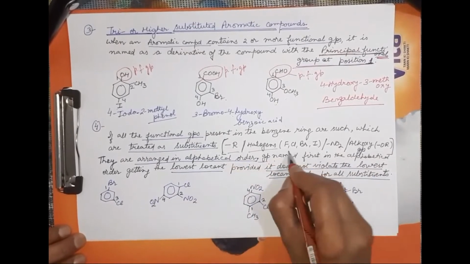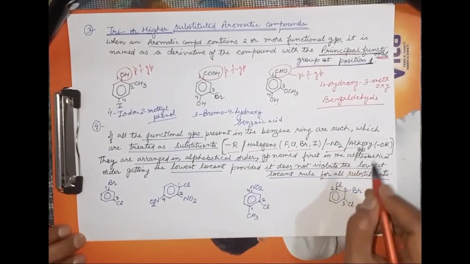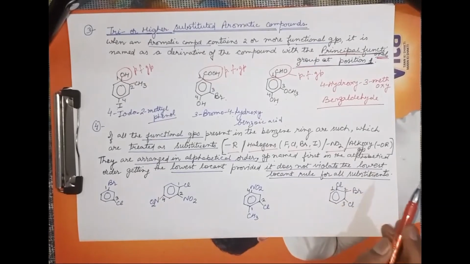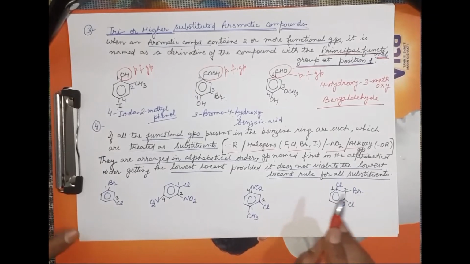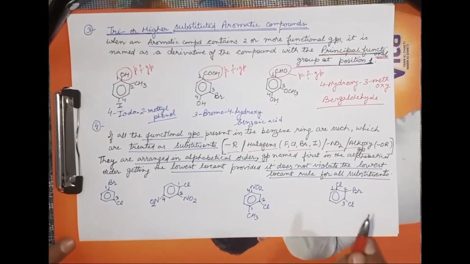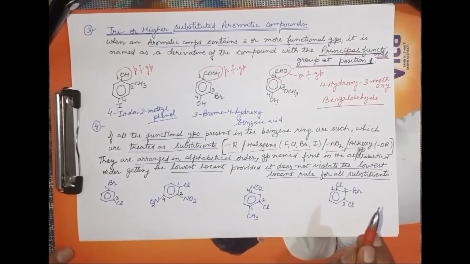And while writing the IUPAC name, they have to be written in alphabetical order. It means the group which comes first in alphabetical order gets the lowest number.